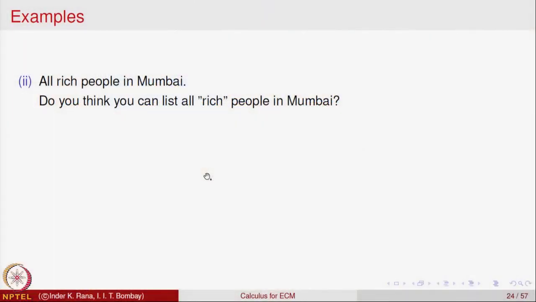So, the word rich is not very well defined, because given a person, we cannot categorize them as rich or non-rich. So, this is not a very well defined collection. Okay, so rich in Mumbai is not well defined.